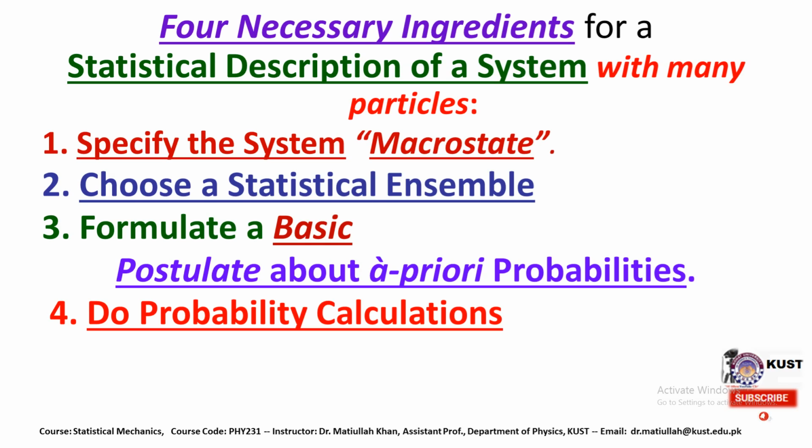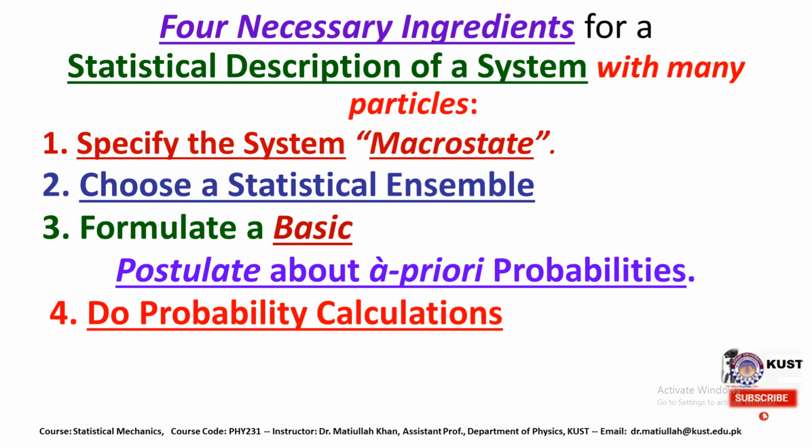And the third step is using the postulate of a priori probabilities. That is the basic concept or basic postulate of probability. According to this postulate, if there is any event to occur, or any possibility or likelihood of any particular event, then all the possibilities are equally probable.